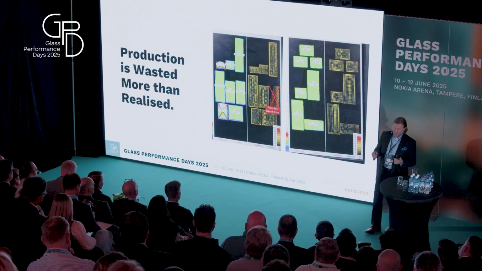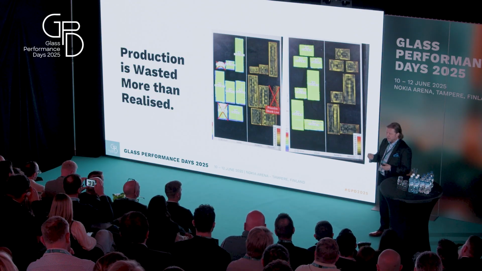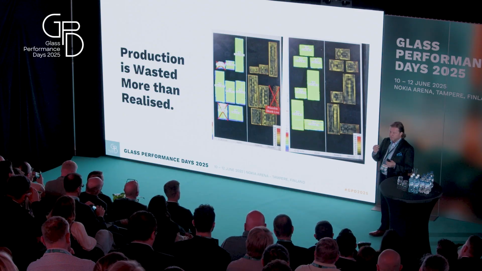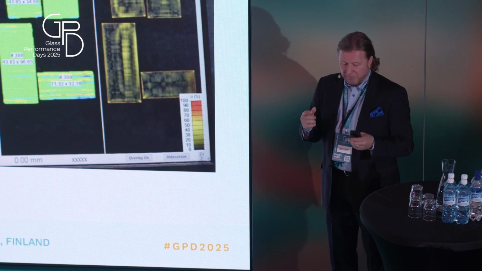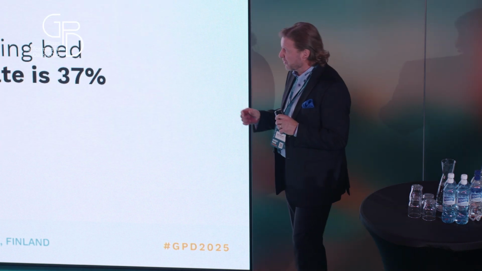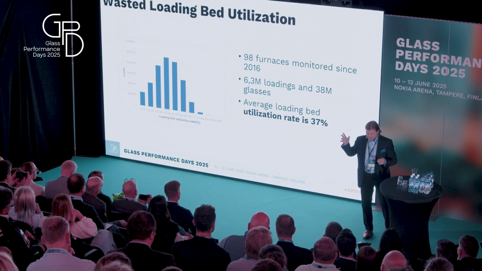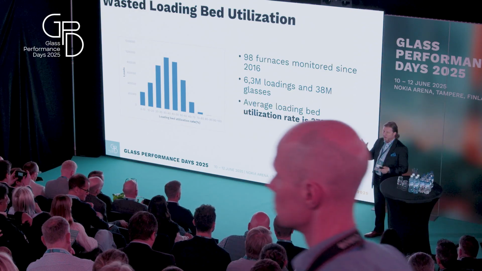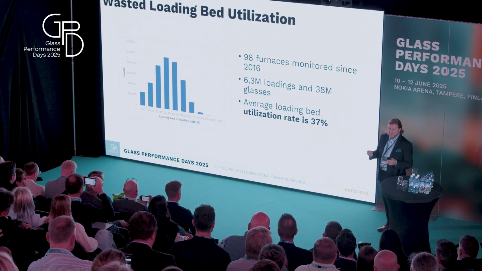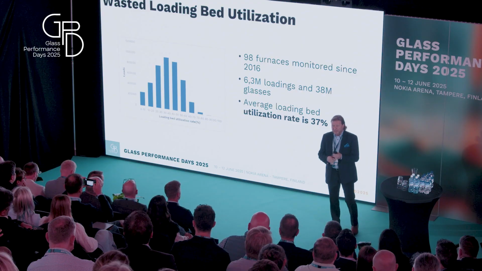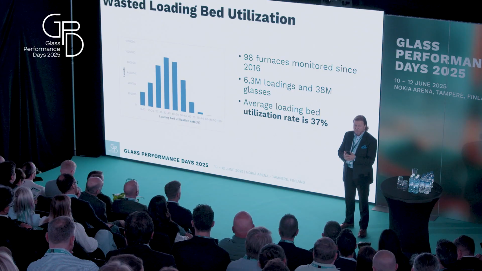So quite often people have kind of pink ideas of what the efficiency in the factory is, but the statistics will show something else. We have done some evaluation of furnaces to which we have access, which are connected to the cloud. 98 furnaces since 2016, 6.3 million loadings, 38 million glasses, and the average bed utilization rate is 37%.